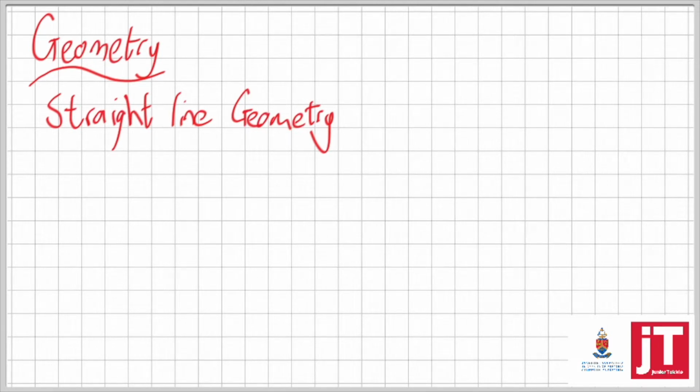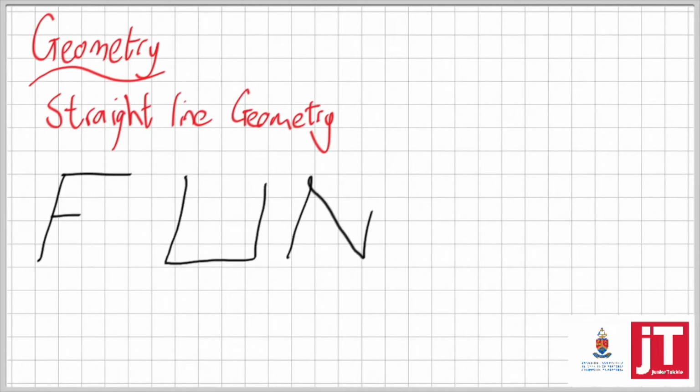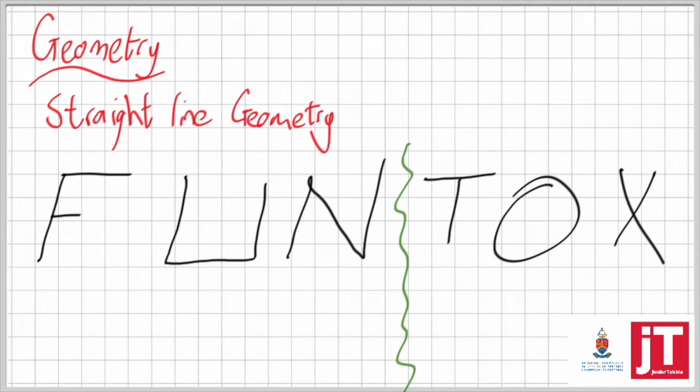So if I look at the geometry theorems, my students always love to call it FUNTOX. And you will see there that I basically split it in half. You've got fun on the one side, tox on the other hand, okay?